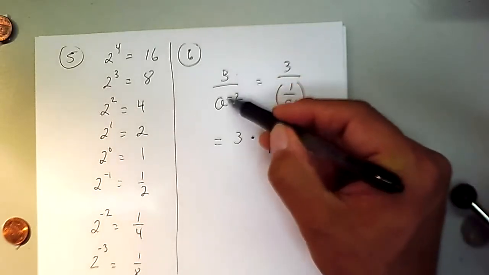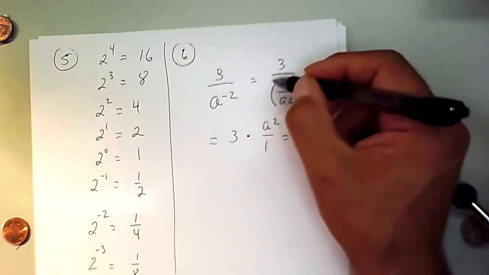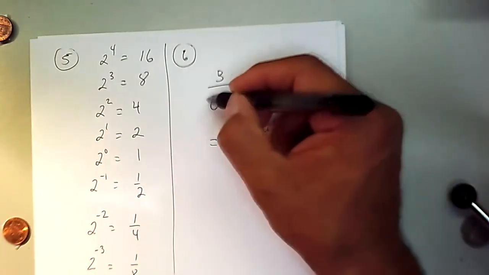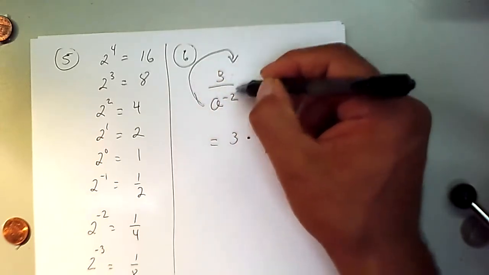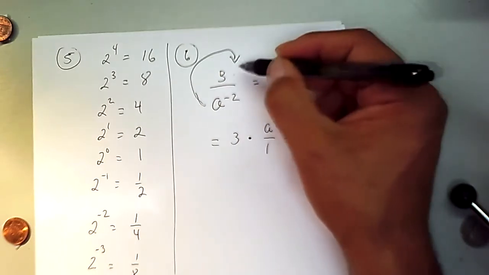So 3 over a to the negative 2 is the same thing as 3a squared. I guess a simpler rule is to say, if you have a negative exponent in the denominator, just put that expression on the other side of the fraction line with a positive exponent, and vice versa.